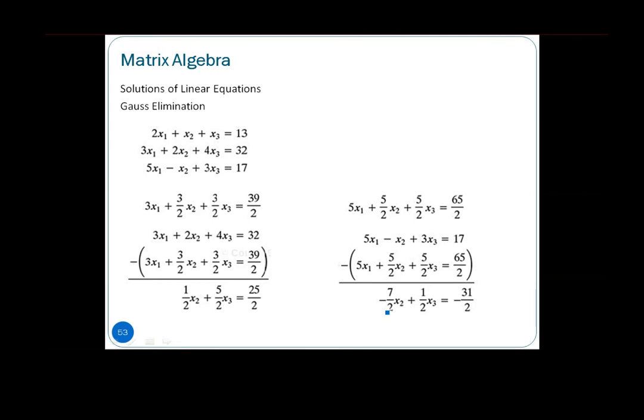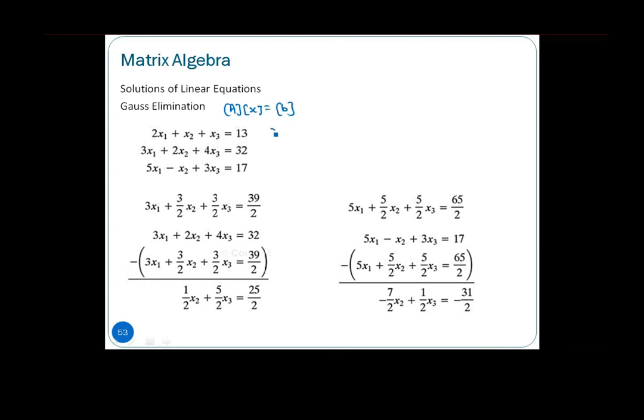So if you want to solve a problem like this, you have 2x1 + x2 + x3 = 13, 3x2, x1 + 2x2 + 4x3 = 32. This can be written in matrix format, A x = b.